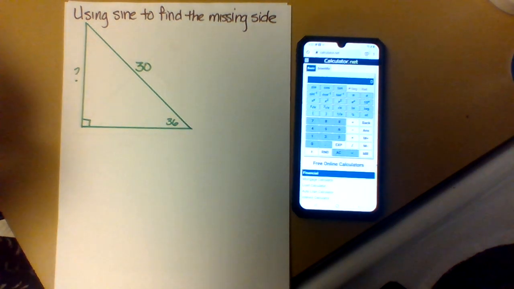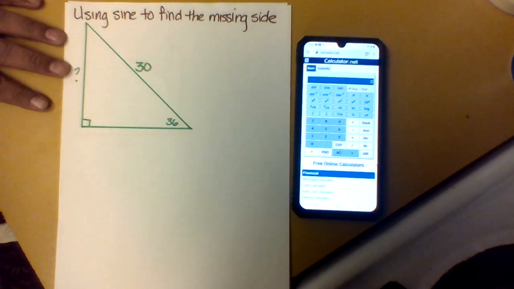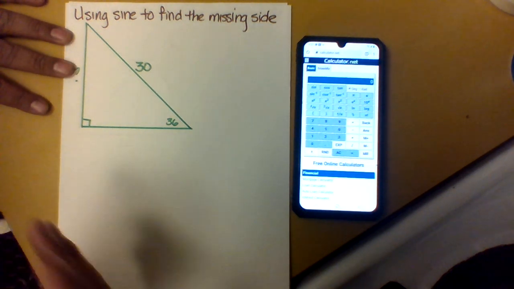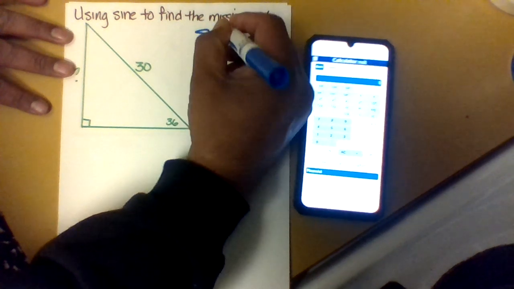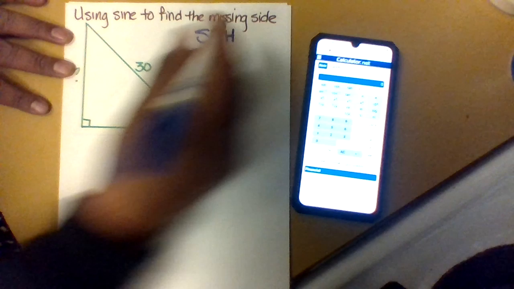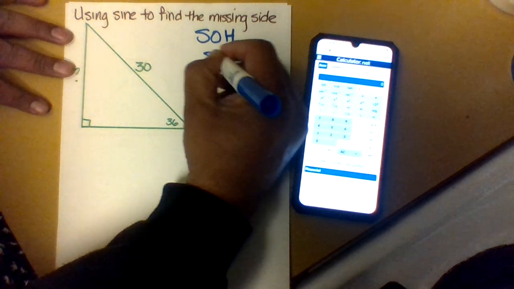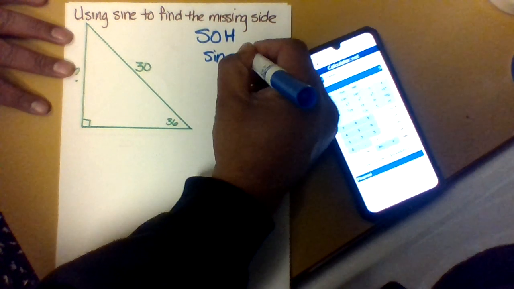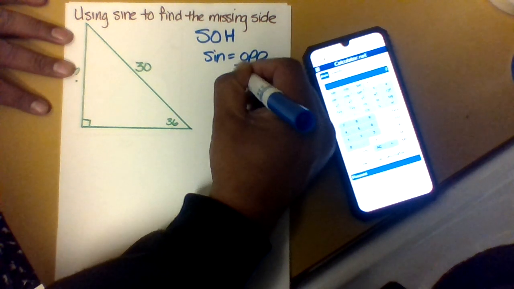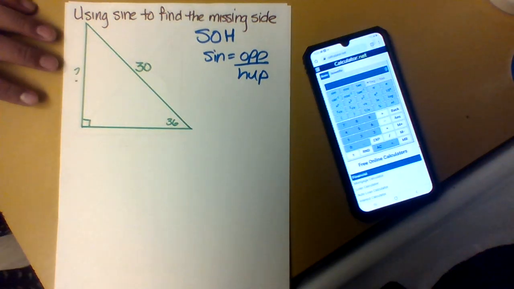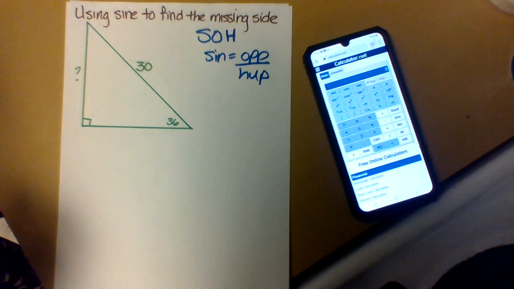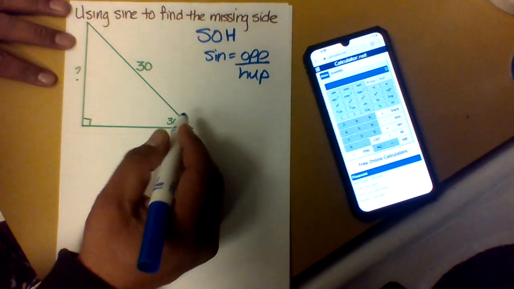So before we get started, if you remember, the ratio for sine is sine equals the opposite over the hypotenuse. Okay, so first let's label the sides.